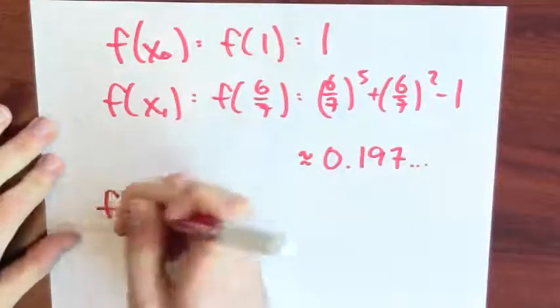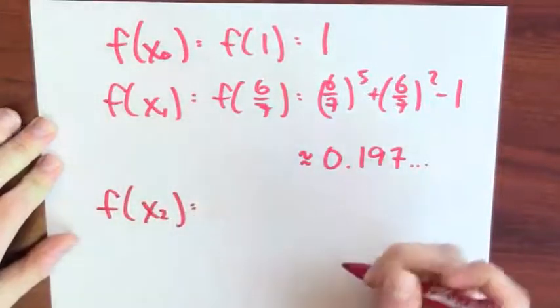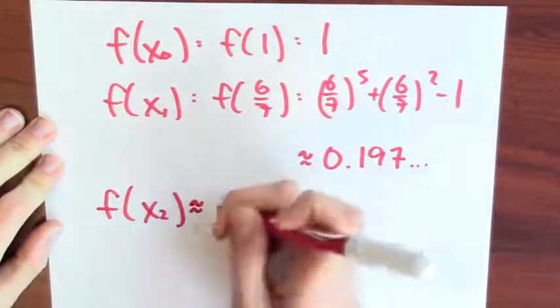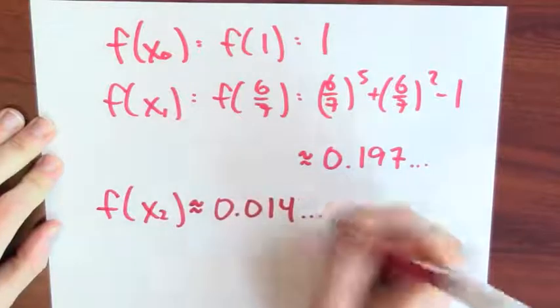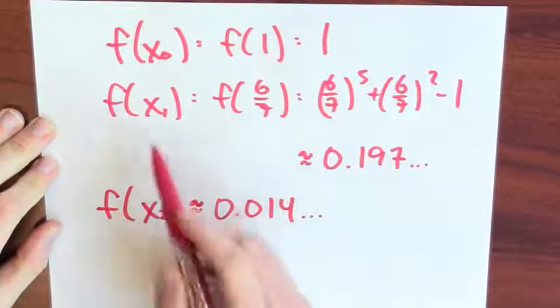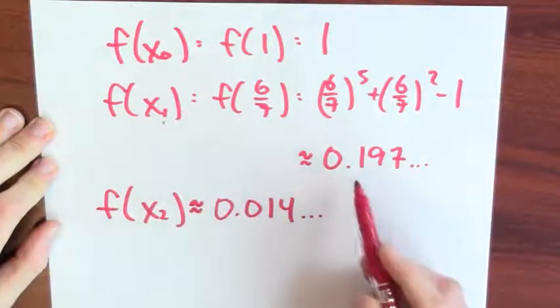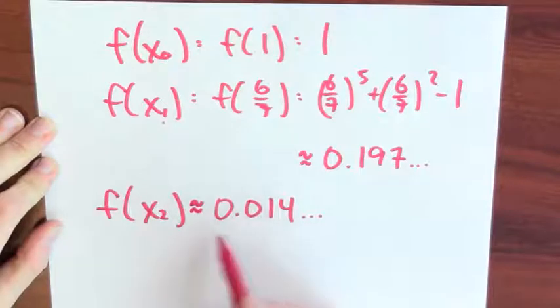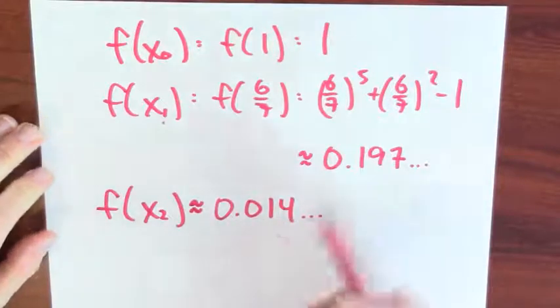So I evaluate my function f at x2, I get, well, it turns out to be about 0.014. So this new guess for the root of my function is even better than my old guess, right? My old guess was giving me 0.197 as the output. This new guess is getting me closer to a 0 of the function, it looks like.